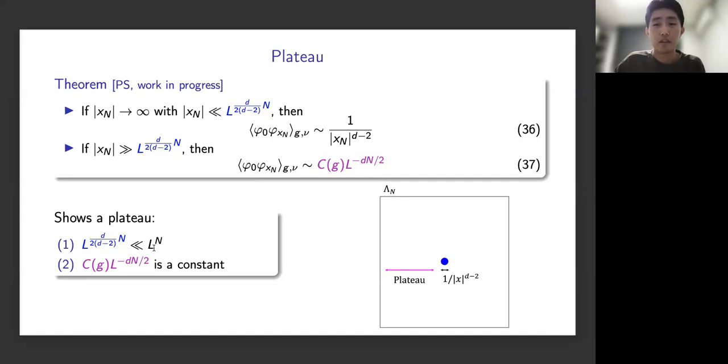So this theorem shows that the hierarchical phi-4 model shows a genuine plateau, in the sense that the region where you have a constant value converges to 1 as n goes to infinity. And also in this flat region, the correlation function really takes a constant value.